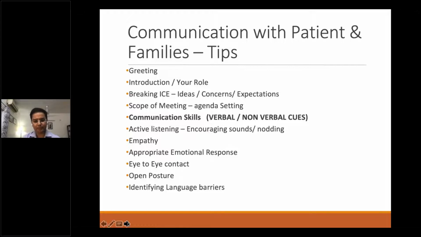Then you should set the agenda or scope of the meeting, explaining that I would like to ask questions, then I may examine you, then I'll discuss the investigations and what exactly you're suffering from, the clinical scenario, and then we'll discuss the management options. That is setting the scope, and it should be done in a way which encourages the involvement of the patient.